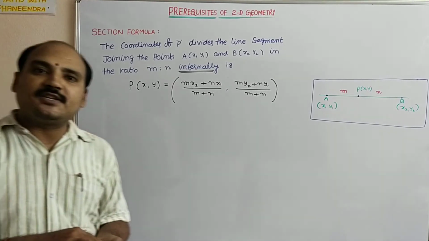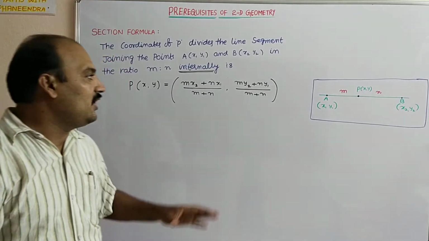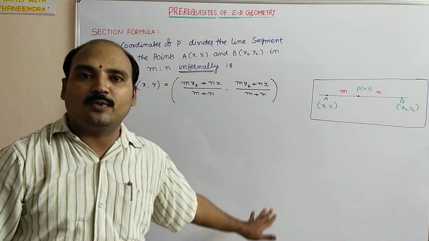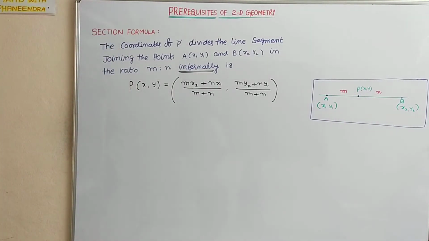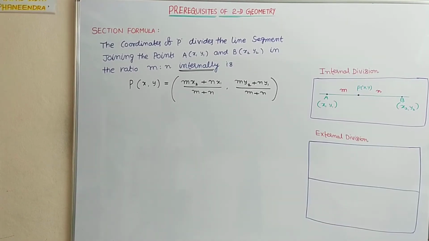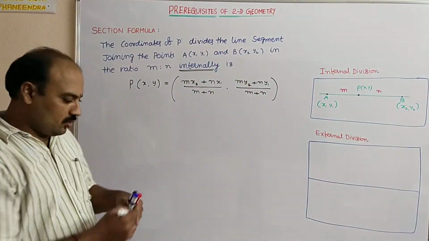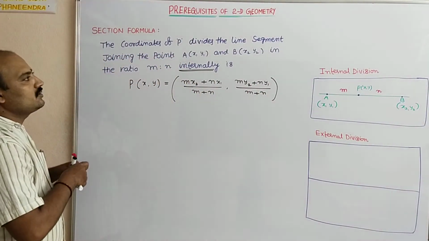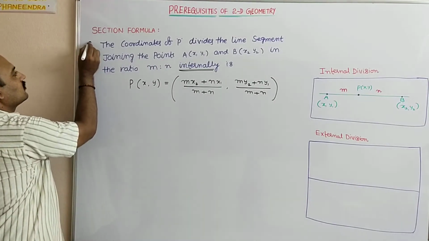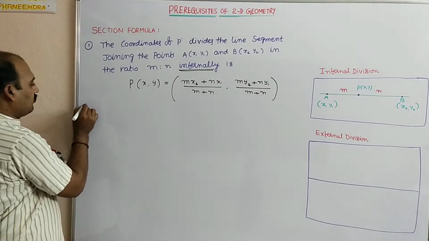Similarly, external division also we will discuss. Here only I will explain. The next point is external division. Internal division is over. Here also, the second one I am going to do.